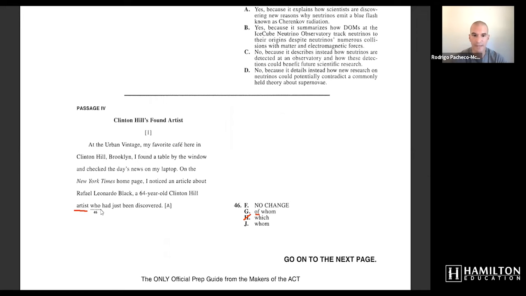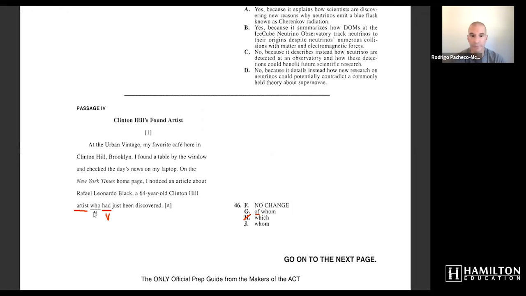So now we have to decide, we have who, of whom, and whom. We have to decide what the case should be. That means, are we replacing the subject or are we replacing the object? One way to tell is to look at what follows. What follows here is a verb, and the general structure of a sentence in English is subject followed by the verb. So this suggests that what we need here is a subjective pronoun.